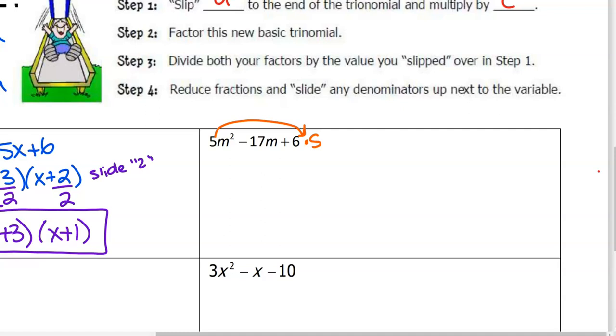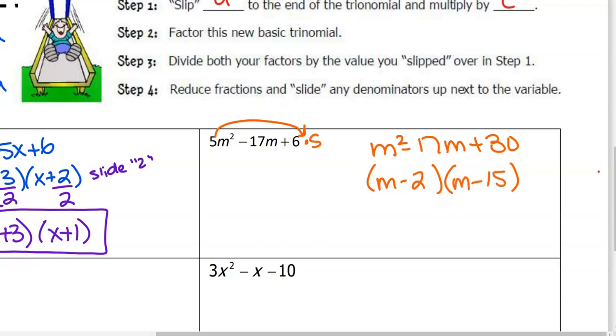If we're going to slip it to the end, what am I working with now? Plus 30. Yep. Now, that multiplies to give me 30. That adds to give me, there you go, negative 15 and negative 2.